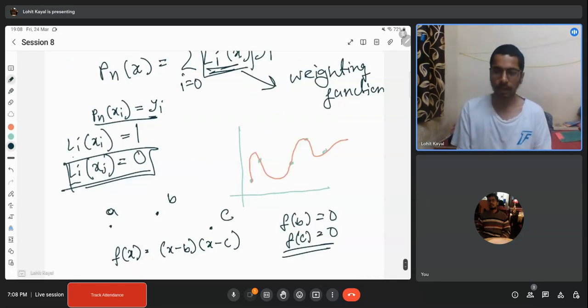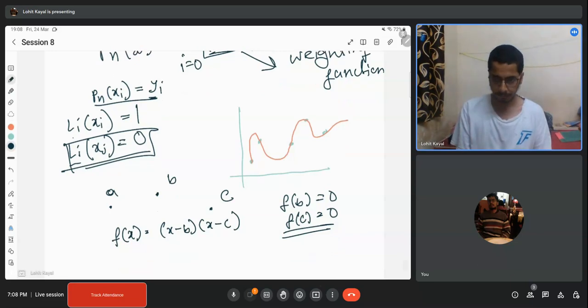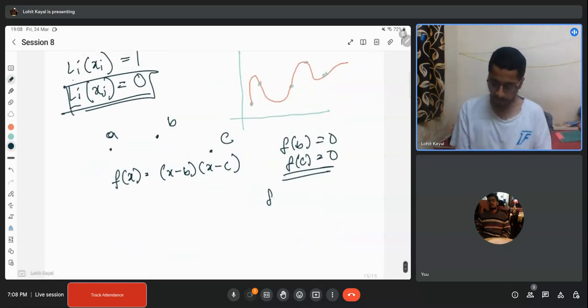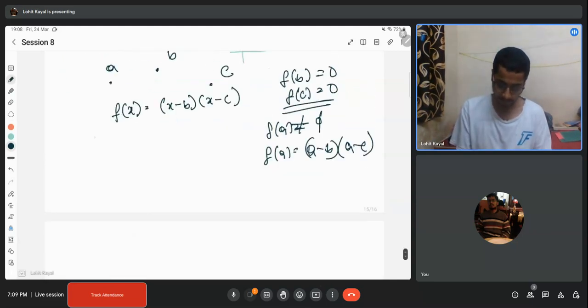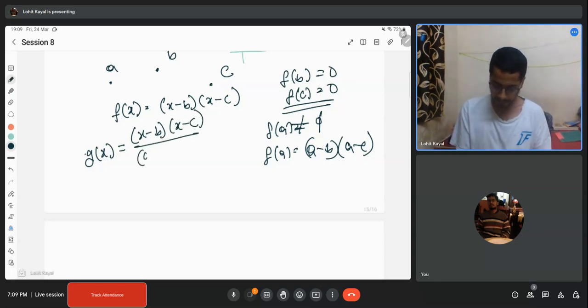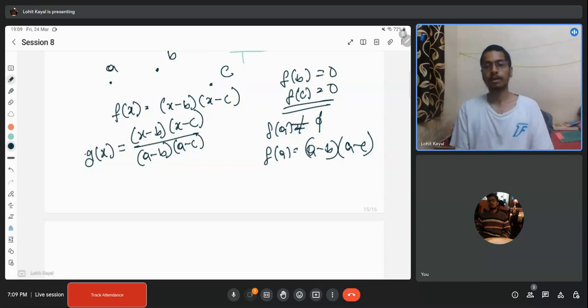At any other point, this value is not zero, but if I put x equal to a, then this value is not equal to 1. This value is (a minus b) into (a minus c). So to make it unity, suppose g of x is the modified polynomial, and it will be (x minus b)(x minus c) divided by (a minus b)(a minus c).